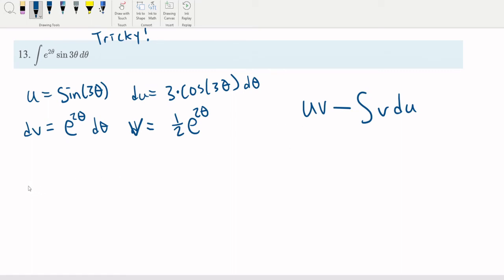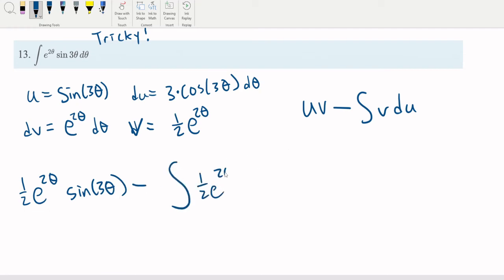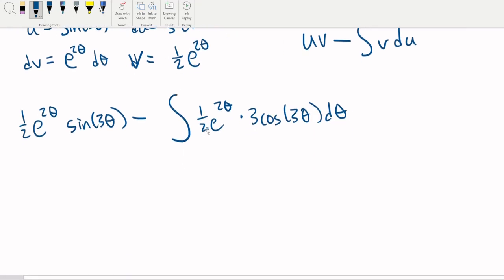All right, so let's plug this in and see what happens. So we get uv, so that's 1/2 e to the 2 theta sine 3 theta minus the integral of v du, 1/2 e to the 2 theta, and then du, remember, is this 3 cosine 3 theta. Okay, so we're at this point now.